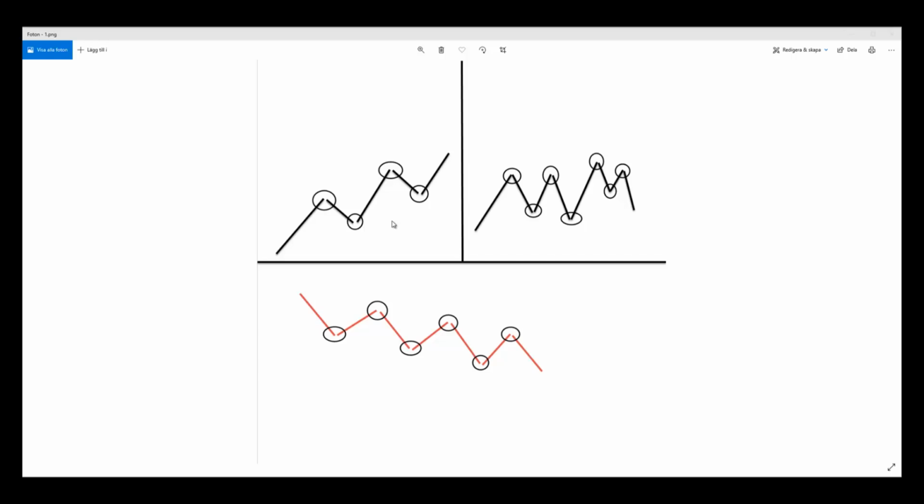So when they occur around key levels of support and resistance, what I call a significant neckline or a significant level, those are a very remarkable clue that the market is giving you.